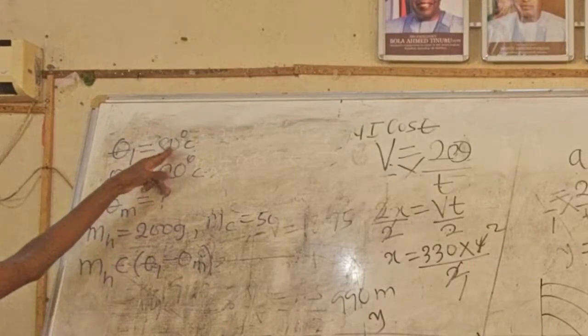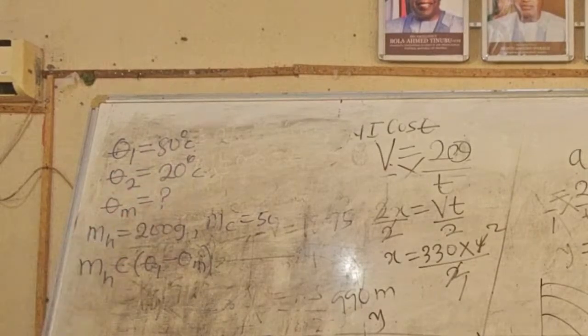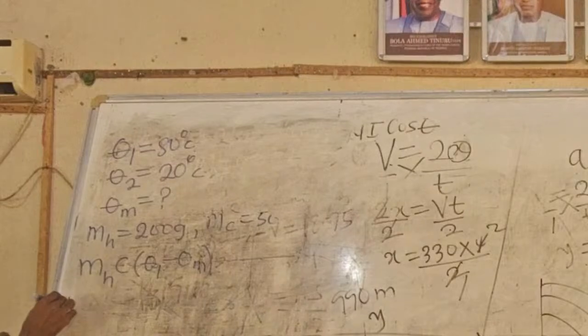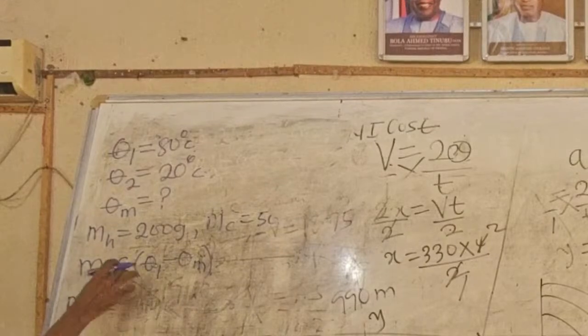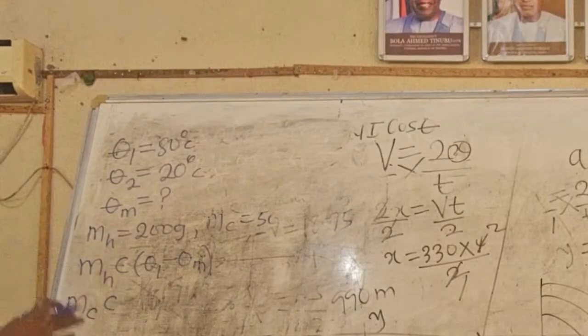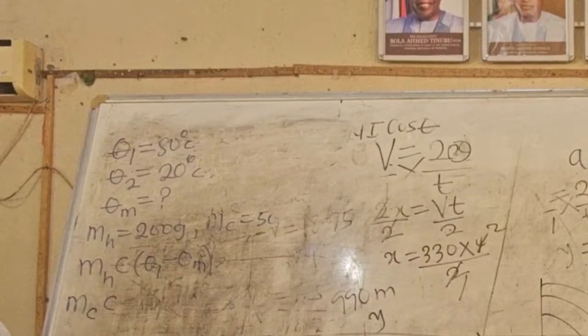That's why it's going to be theta 1 minus theta M. Now, heat gained by the cold water, that's MC times C. By the way, you know what C represents? That's the specific heat capacity of water, which of course is not given. The reason why it's not given is they're going to cancel each other out.